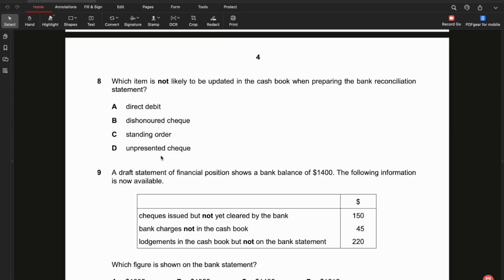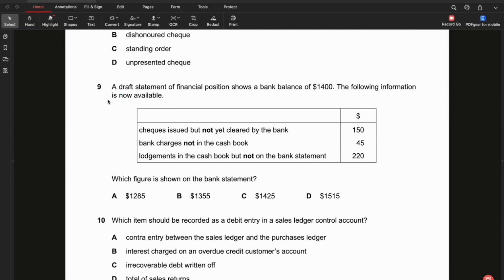So I issued a check, and the receiver of the check has not gone to the bank to collect their money. Okay, but they will go in the future. Maybe they are taking some time, but will go in the future to collect that money. So this is already recorded in the cash book, so I will not record this to update my cash book. Okay, so your correct option for question 8 is D.